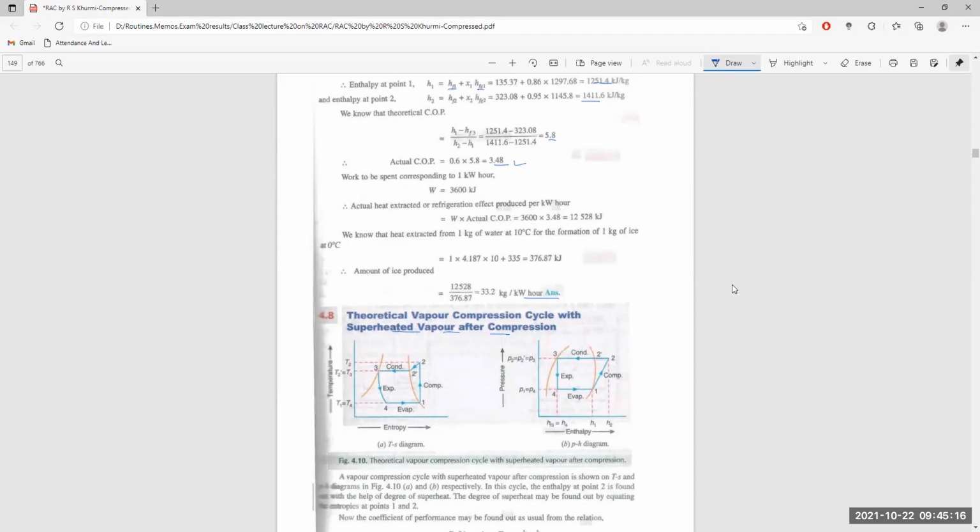What is different is in the temperature-entropy and pressure-enthalpy diagrams. We have these two lines, the wet vapor saturation line and the dry vapor saturation line, here and here. 1 to 2 is the compression process, where 1 lies on the dry refrigerant saturation line, and it is heated up to the superheated region.